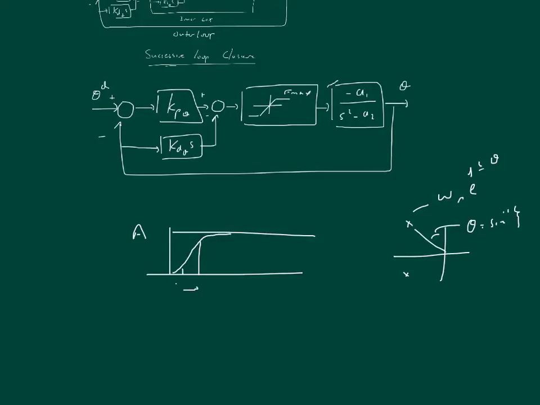So there's a particular rise time, and the rise time is roughly 2.2 divided by omega n. So it's inversely proportional to the magnitude of the complex poles.